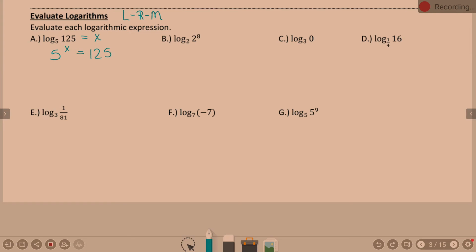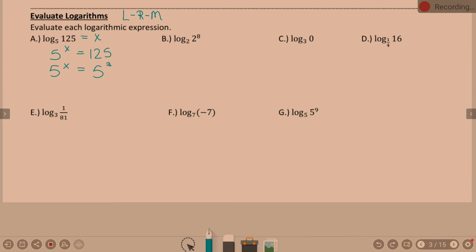So the idea here, I'm going to rewrite this. 125, we've talked about in the past as 5 to the 3rd, yes? If you look on the blue papers, the cube root of 125 is 5, yes? So what I'm trying to get you to do here is, 5 to the x is 125.